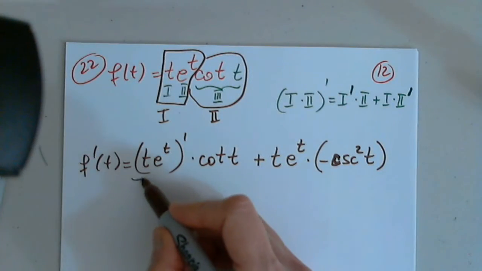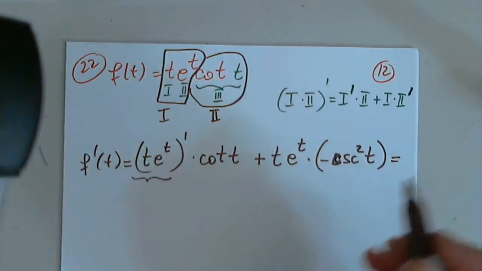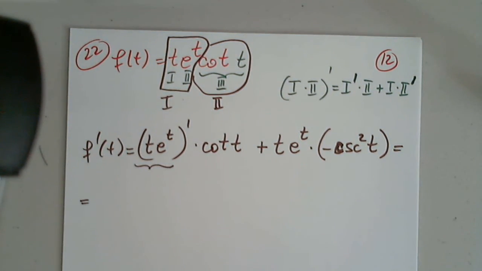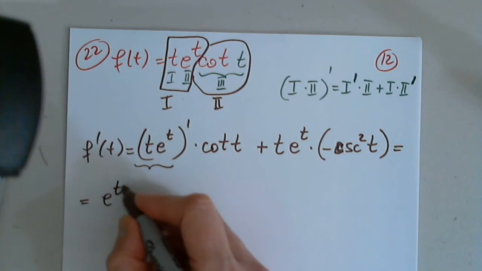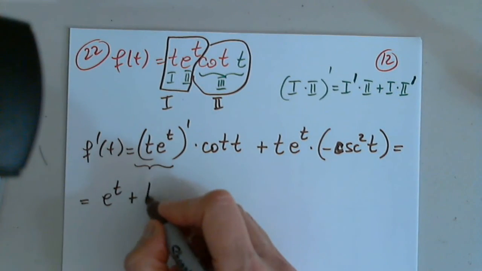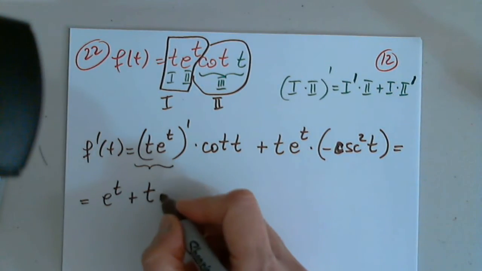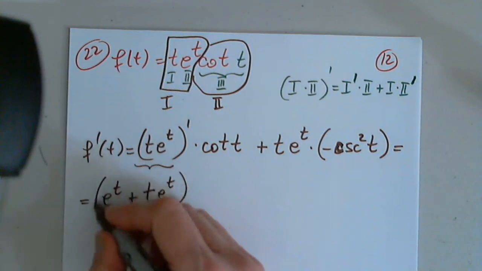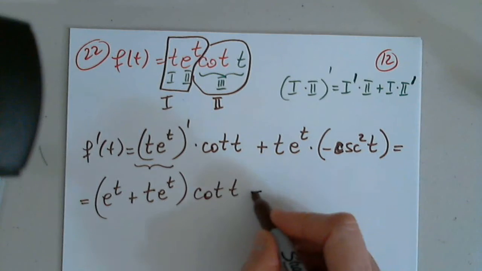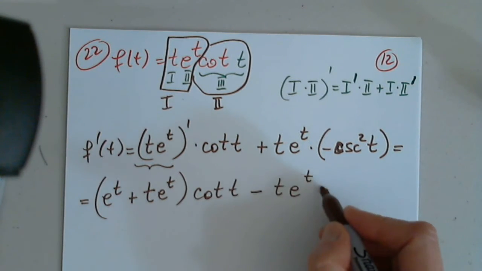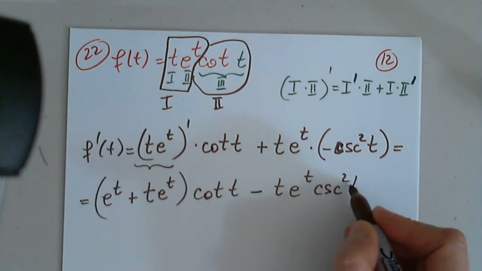So now I will apply the product rule again. The first function prime is 1, so e to t plus t e to t prime, which luckily is e to t, minus t e to t cosecant squared t.